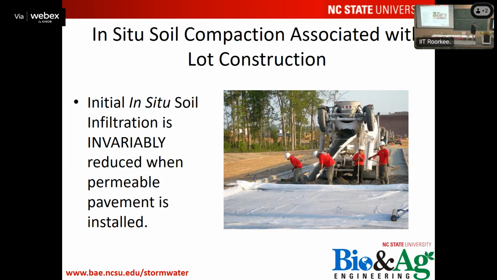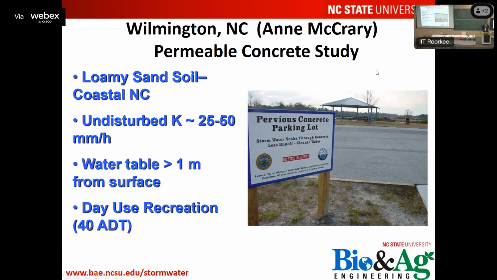All right. Let me show you about how important that might be. So we did a study where the underlying soil, this in situ soil, was between 1 and 2 inches per hour, 25 to 50 millimeters per hour would soak into the ground. All right, as the head built up, basically 25 to 50 millimeters per hour would soak into the ground. Okay, and we thought, oh, that's going to be good.